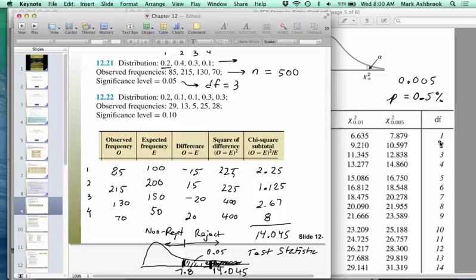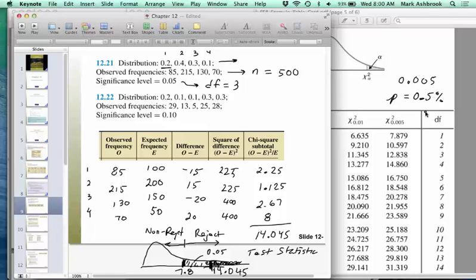So what does that mean? At our test statistic of 14, because 14 is greater than 12.838, there's less than a 0.5% chance that we have rejected incorrectly. So the 14 corresponds to a p-value of less than 0.5%.